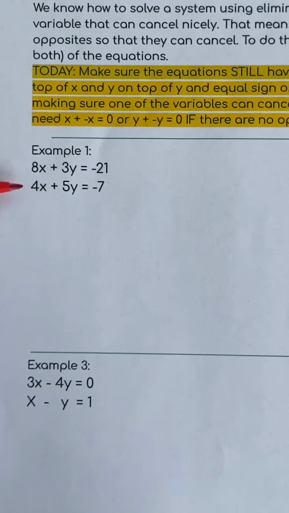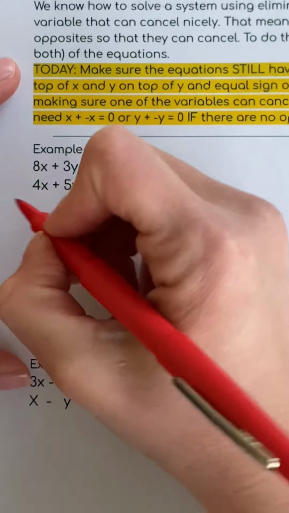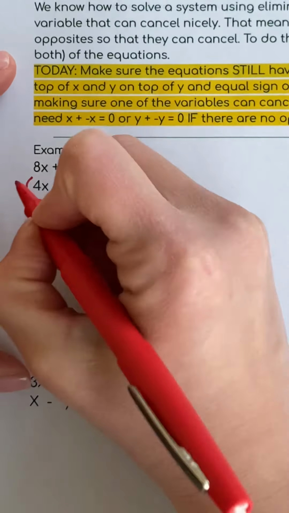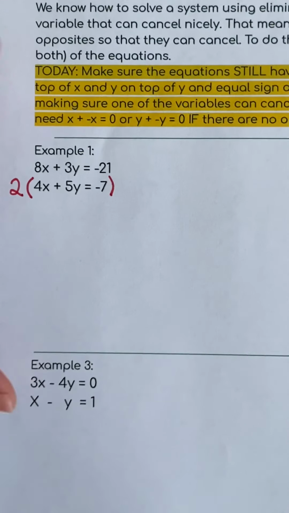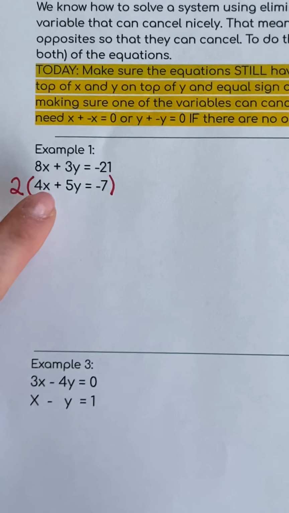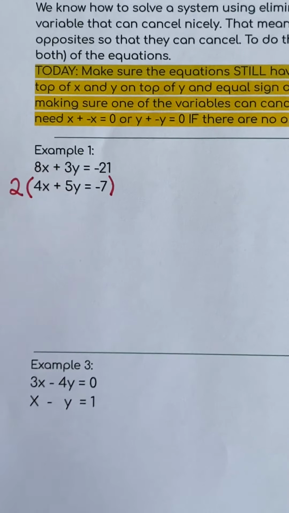Can I get from 4 to 8 by multiplying, or can I get from 3 to 5 by multiplying? You can get from 4 to 8 by multiplying by 2. So I take this whole equation and multiply it by 2, because if I do 2 times 4x, that will get me my 8x, so that then they can cancel.